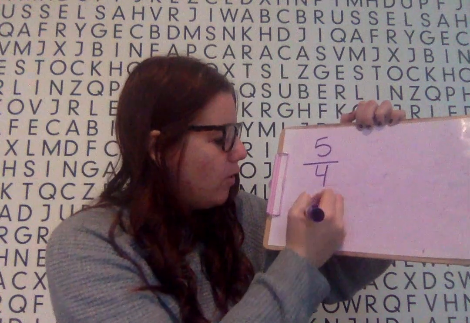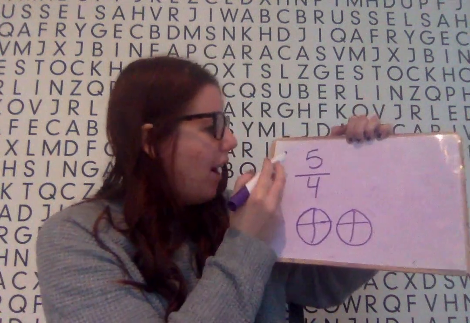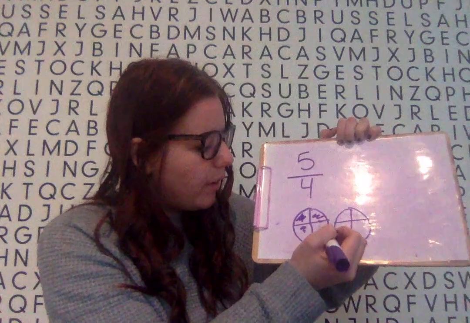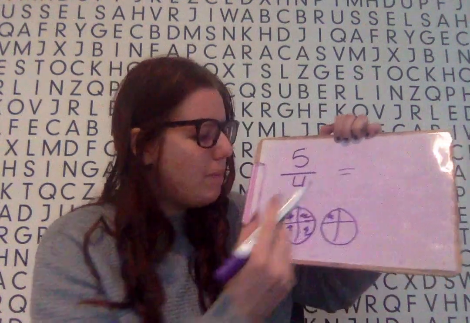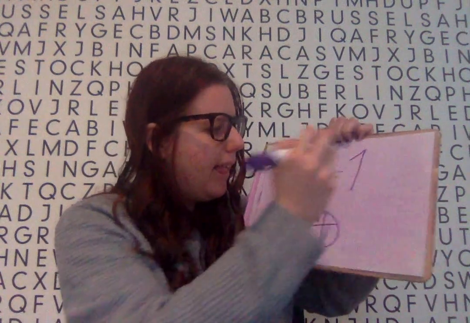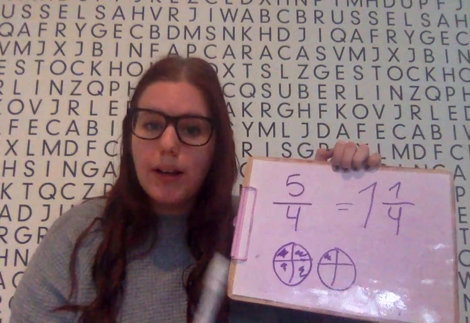I'm going to draw some circles and put them into quarters. I know I'm going to color in 5 of them: 1, 2, 3, 4, 5. Now I can count them up. How many wholes do I have? I get 1, and 1 of the 4 pieces. So I have 1 and 1/4.